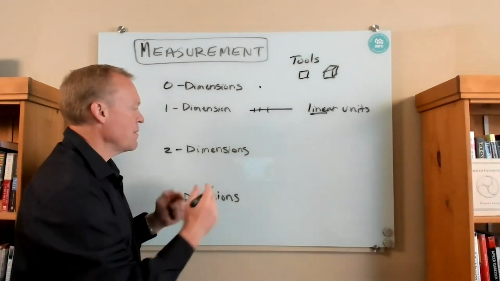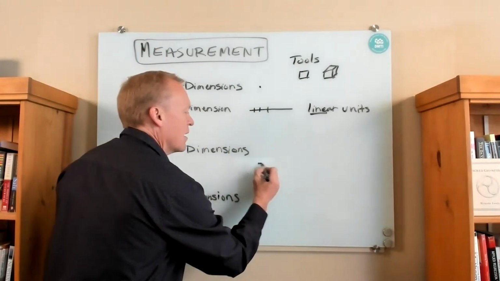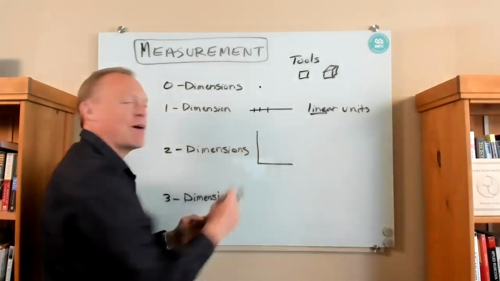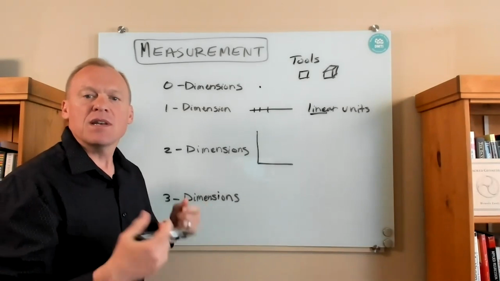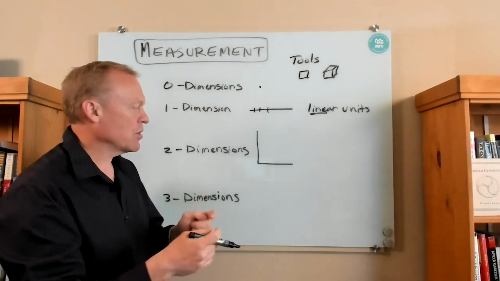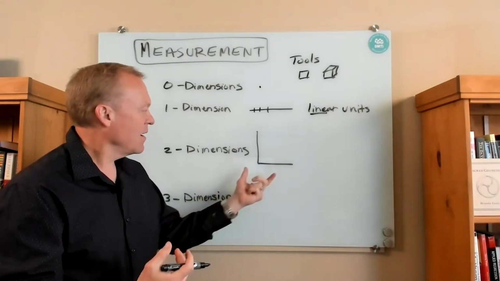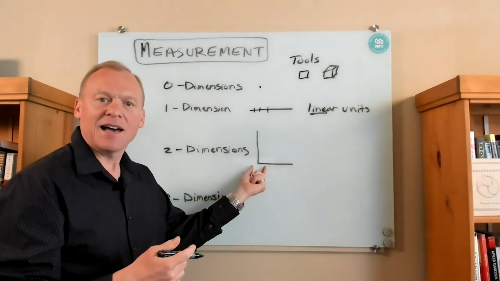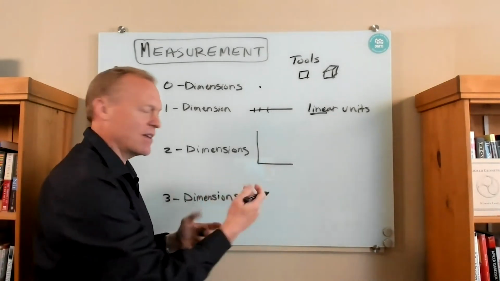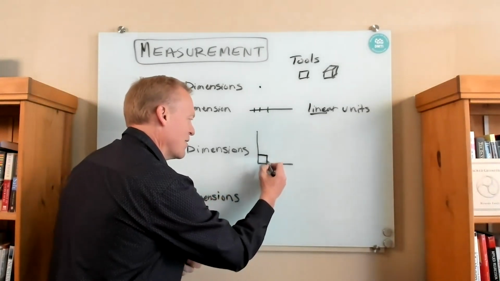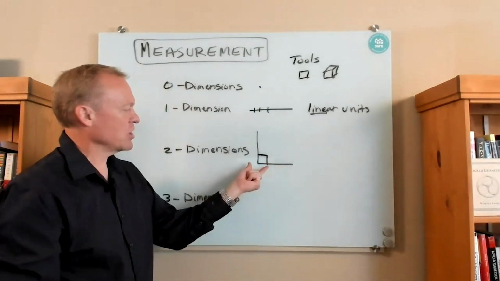Then we're going to measure two dimensions. As we measure two dimensions, we have that same direction of linear, but now we have a second direction. So what are we going to use to measure so that we have no gaps and overlaps? We have to have some type of unit that tiles, that doesn't have the overlap. What's really nice is that regular shape of a square.